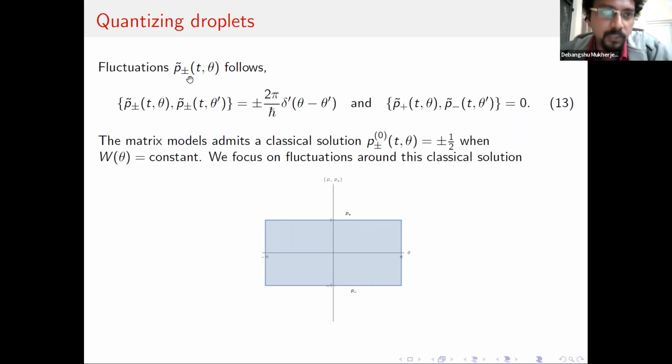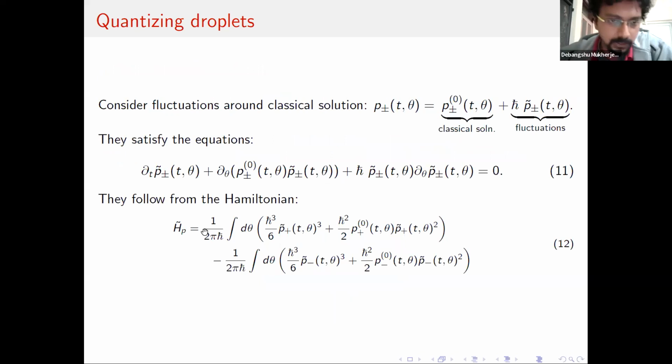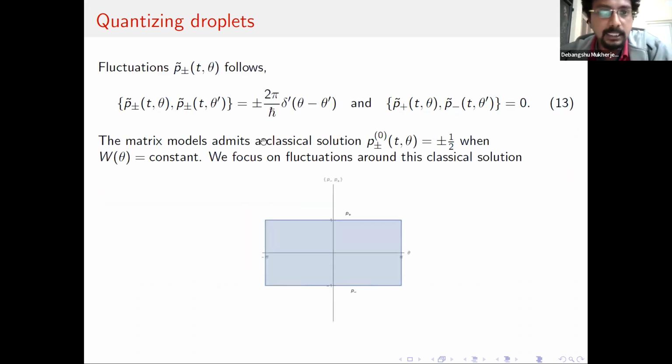Now, the fluctuations, you can see from the perturbed Hamiltonian and the perturbed equations of motion of p tilde, that a very similar analysis tells you that this will in fact be Hamilton's equation, provided I impose this particular symplectic structure between the fluctuations, p tilde plus and p tilde minus, which is very similar to the classical case, except for this factor of h cut.